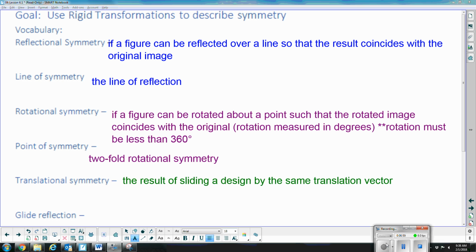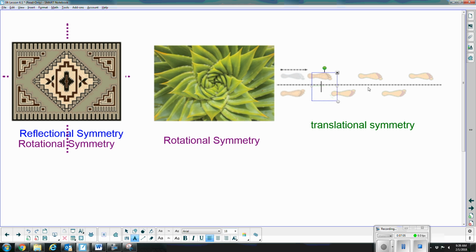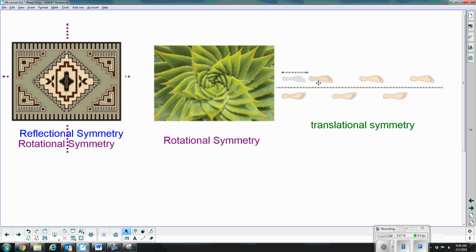And then the last term, glide reflection. So we're going to look at our footprints example again. With a glide reflection, you can combine translation with reflection. So in this one, as we translate it, look at the top set of footprints right here.